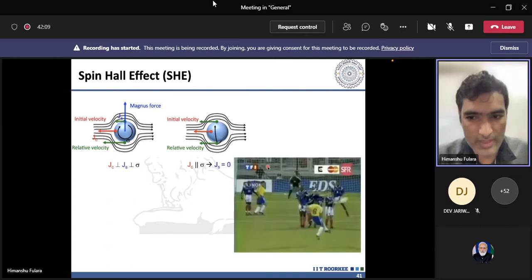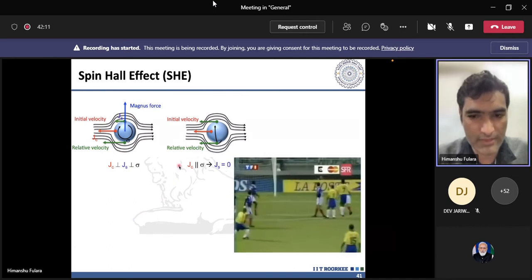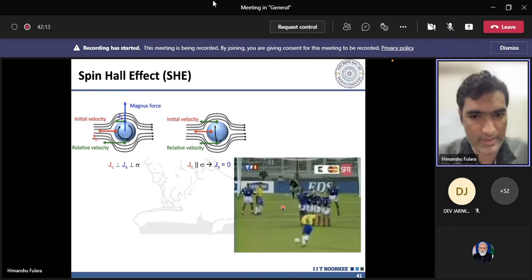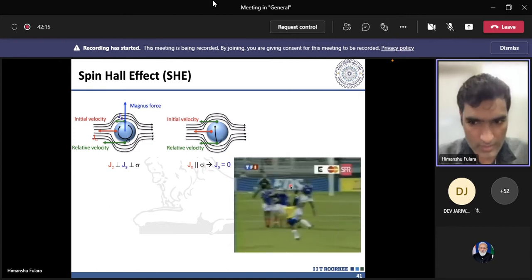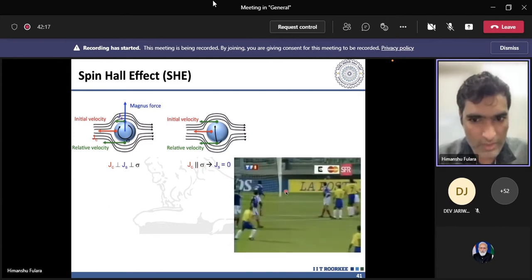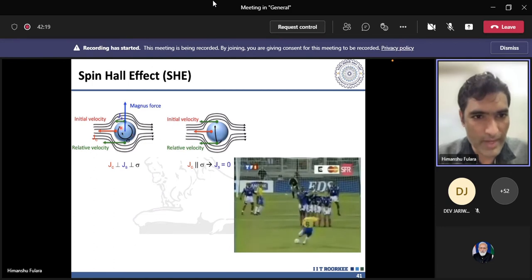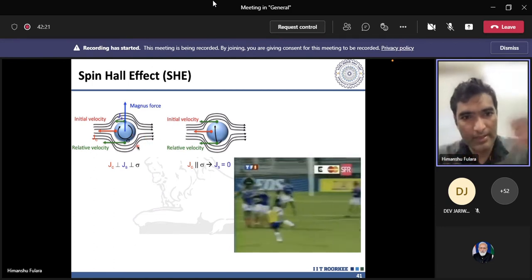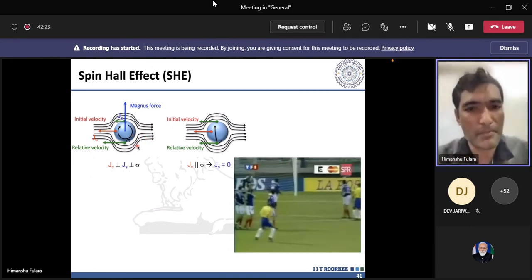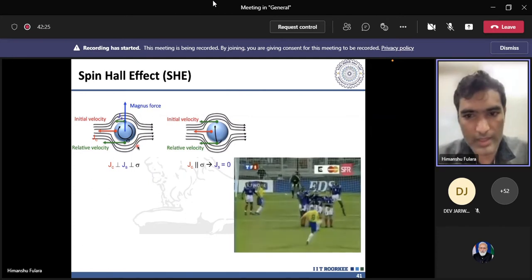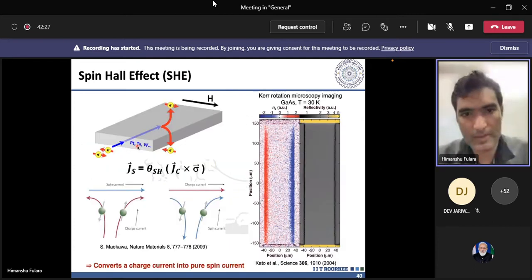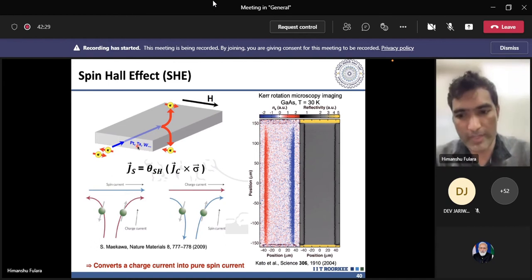This is exactly what's happening here also. This deflection is quite similar to the Magnus force. So the Magnus force basically helps in this deflection, and that's how you obtain this pure spin current.